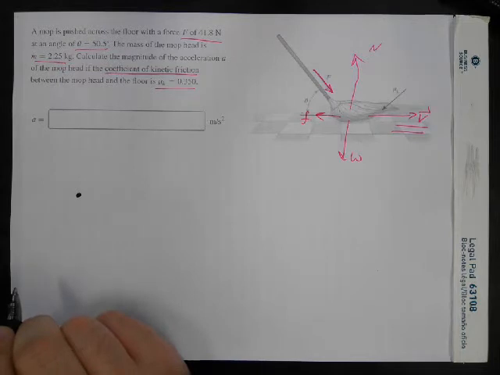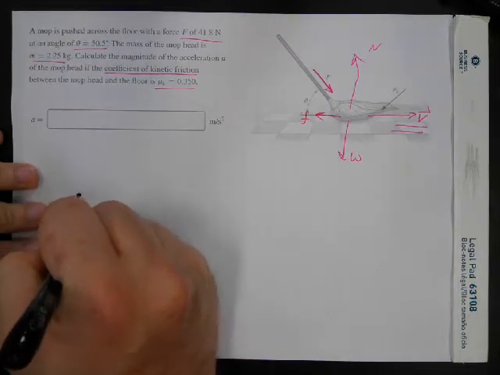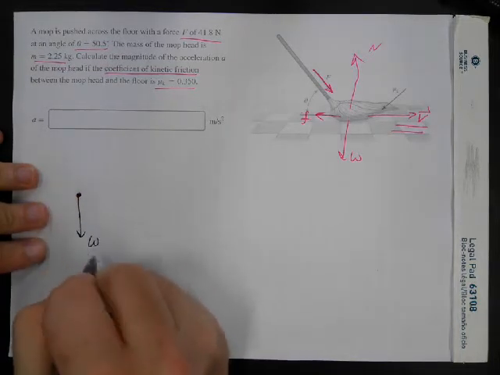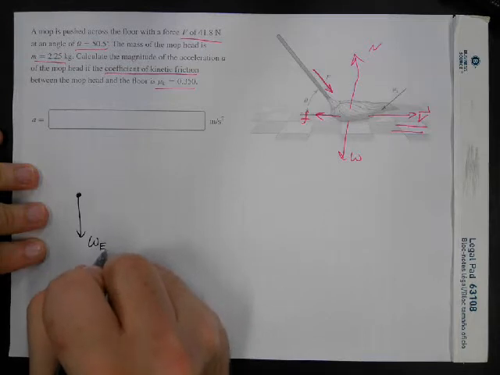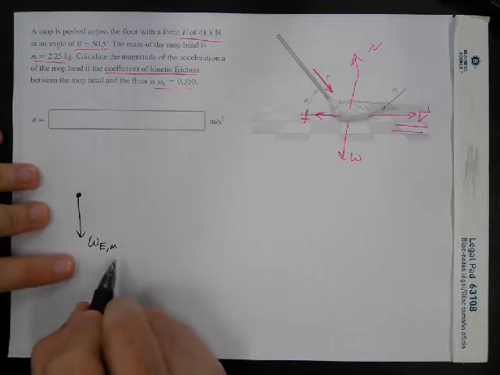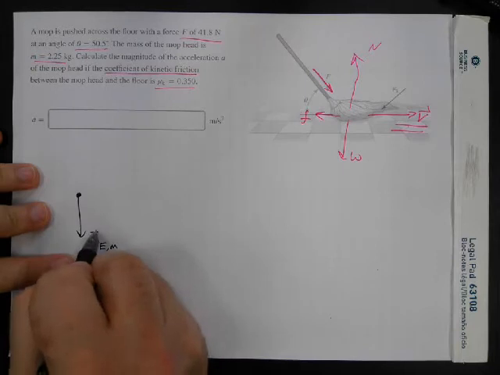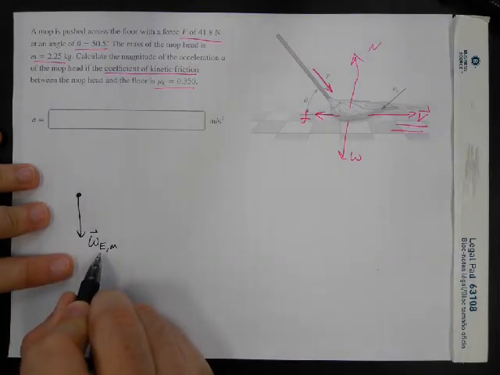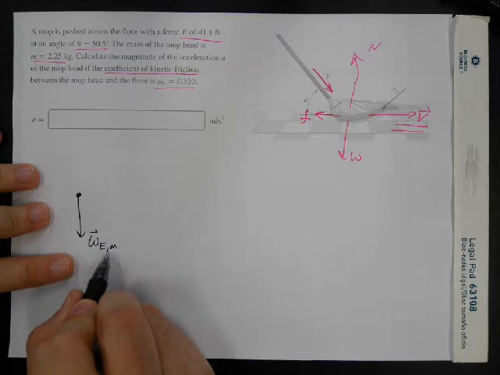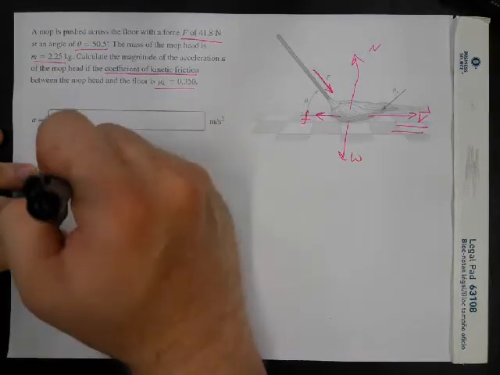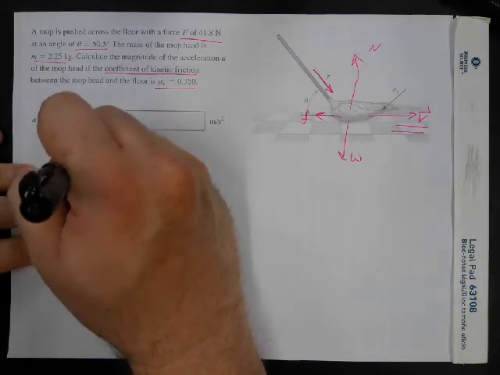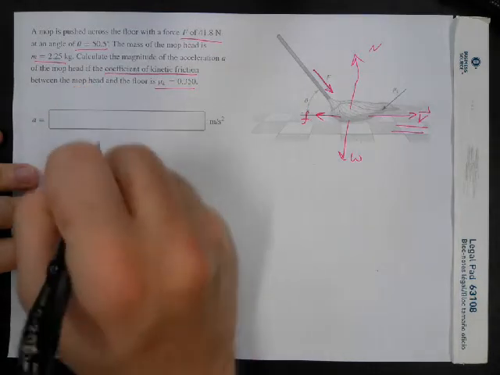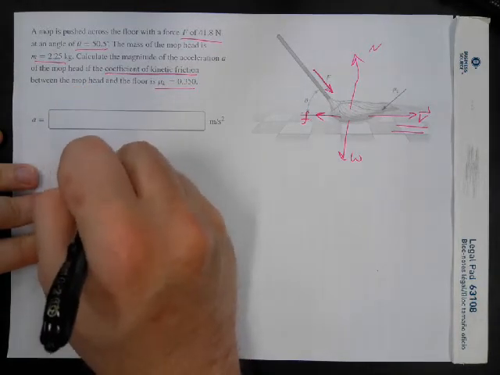You go through the list and say, there's a weight by the earth on the mop. I'm being very careful, doing this the way I teach the Radford kids, to label the thing that causes the force, in this case the earth, and the thing that feels the force, the mop. There is a normal force upwards, and it's by the floor on the mop.